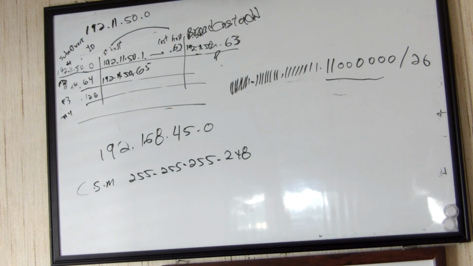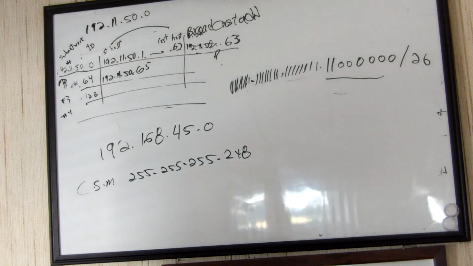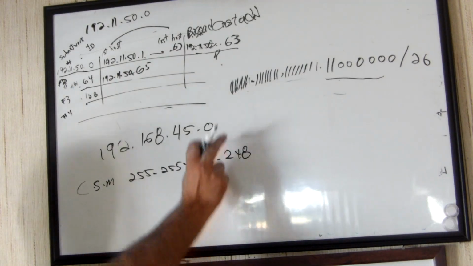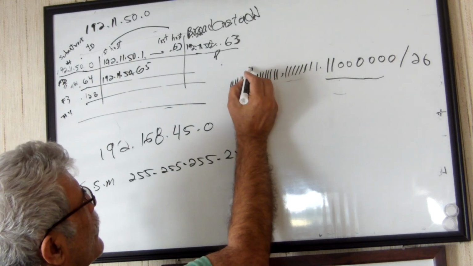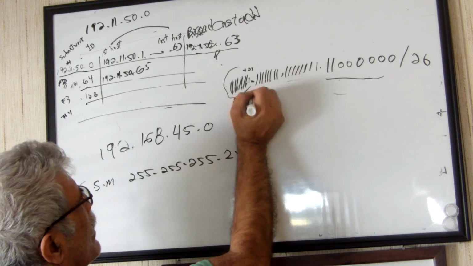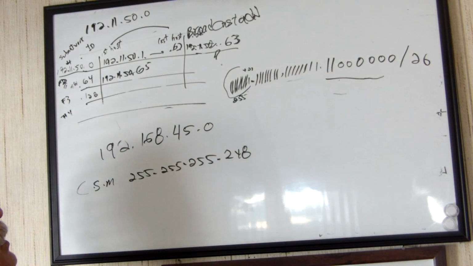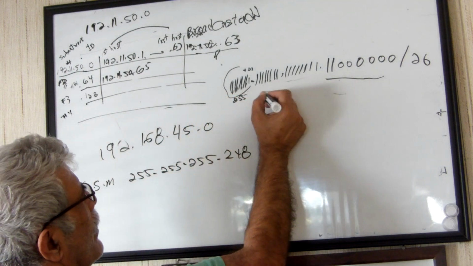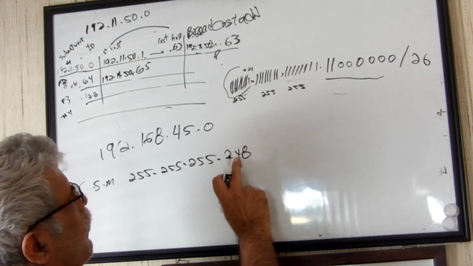Actually, it is a CIDR notation. When you see this, it means 255 here. See, all these, 1, 2, 4, if you add all these, it's going to be 255. All 8. 255, 255, and then 248.